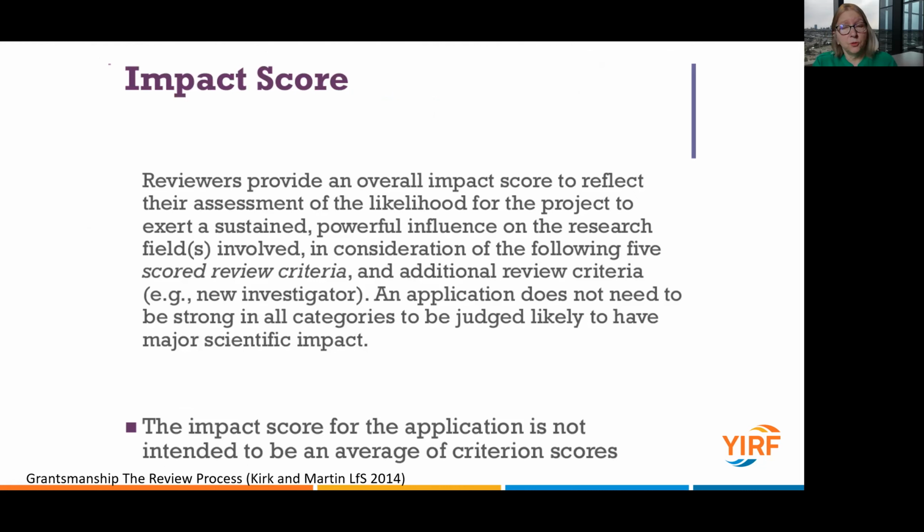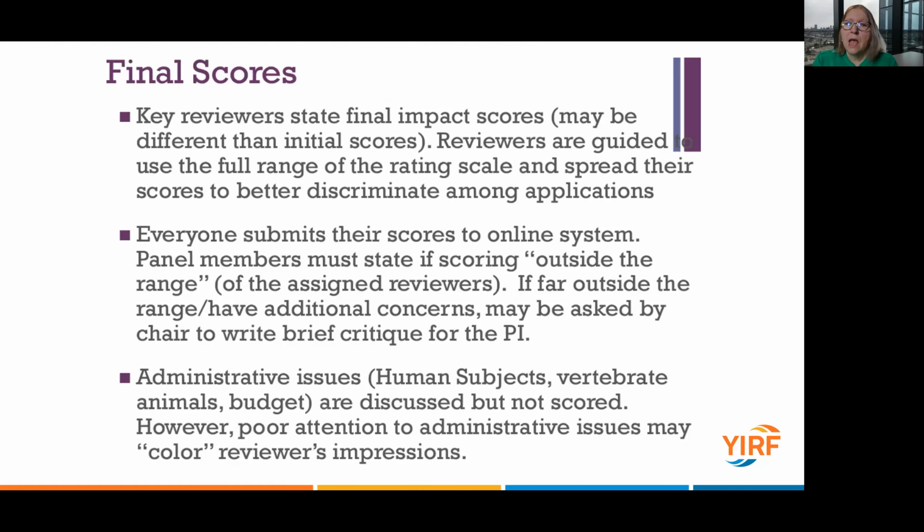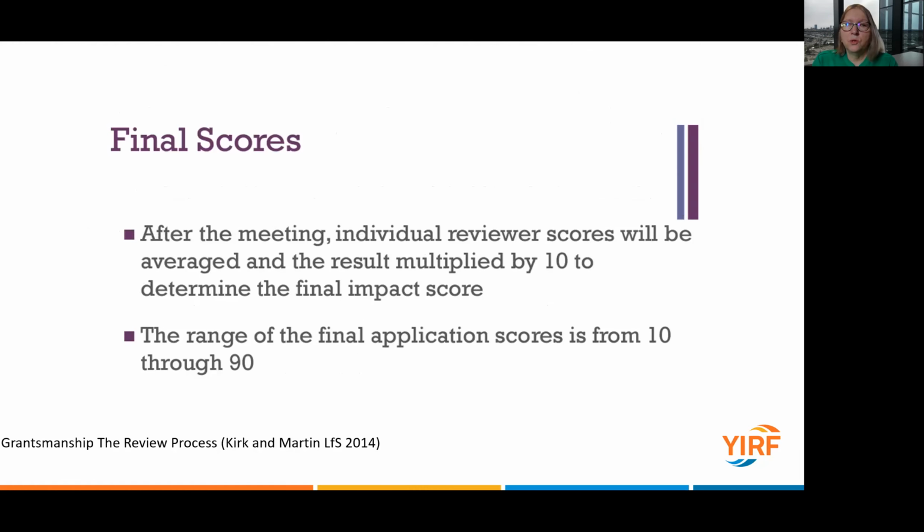So again, as I said, after everything's scored, you will get an overall impact score. For R grants, you'll also be percentiled. So you'll get not only an absolute score, but a percentile. And again, you'll get a score that will range from 10 to 90.